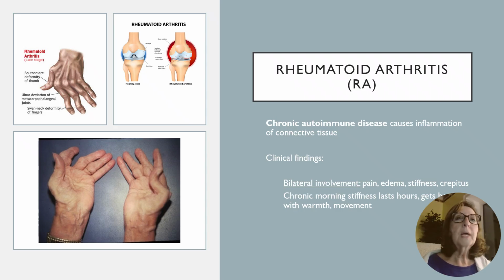There are different things that you're going to see, especially in the late stages of rheumatoid arthritis. So look at the picture on the bottom left. You can see a picture of a patient's hands. Look at the little picture above and to the left, the drawing, and they talk about the boutonniere deformity, they talk about ulnar deviation, and they talk about a swan neck deformity of the fingers.